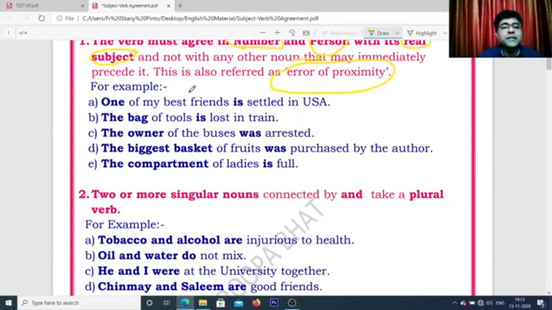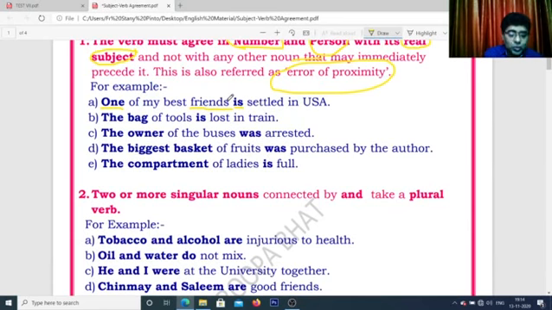For example, you see here: one of my best friends is settled in USA. Remember, first you have to find out what the subject of this sentence is. The subject is one of my best friends.